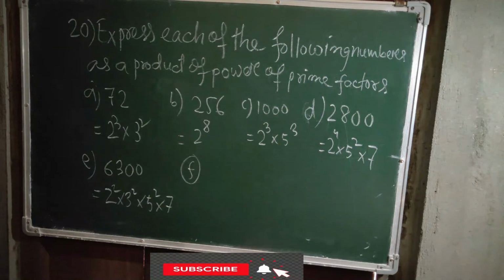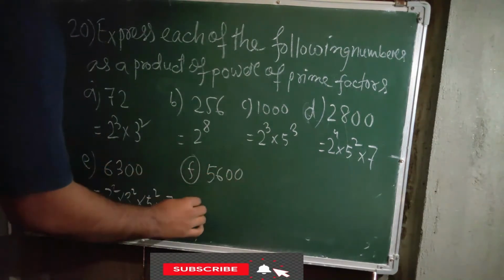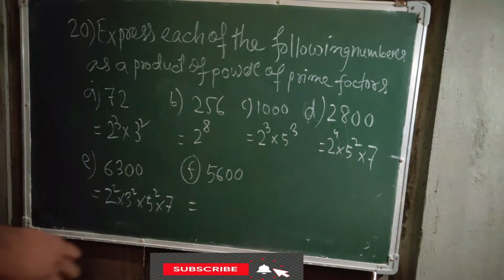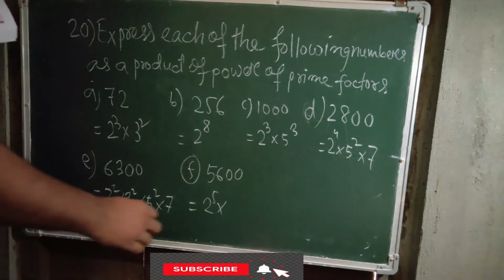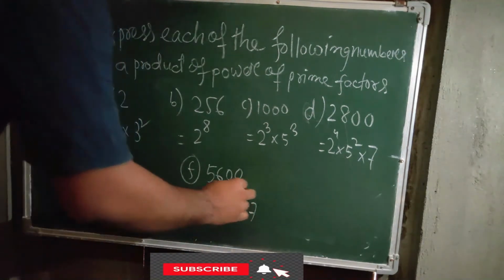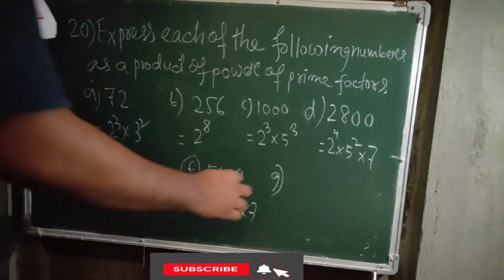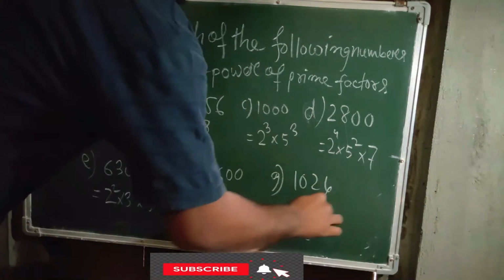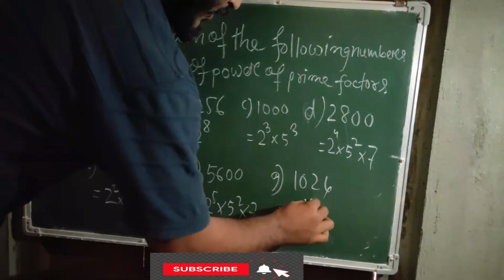Our F number is 5600. So this one will get 2 to the power 5 into 5 square into 7. Now G number. Our G number is 1024. So this one will get 2 to the power 10.